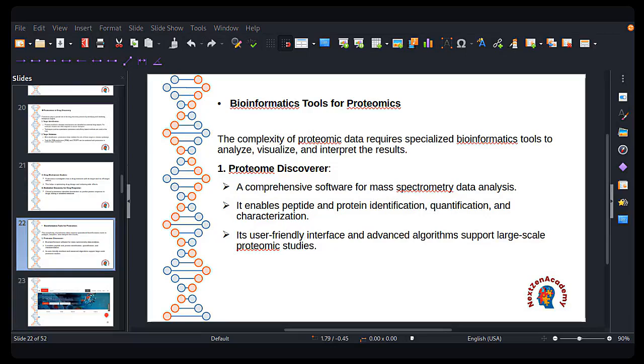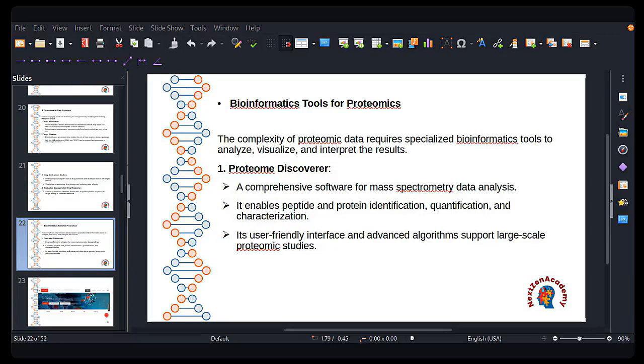Okay, I think you guys forgot. Yeah, Needle for sequencing, right? Right. So those tools were for DNA, RNA, right? Now we are talking about proteins.